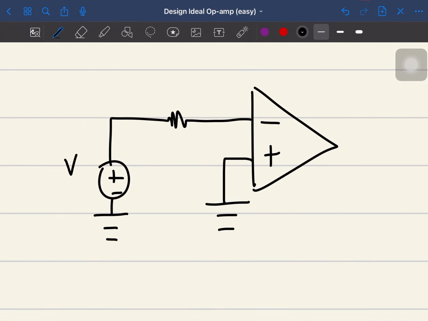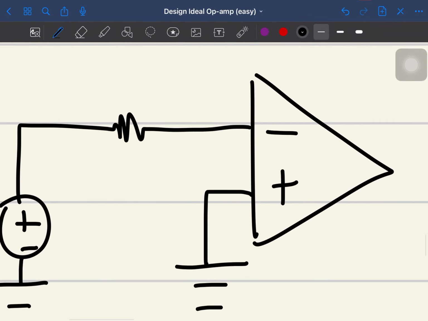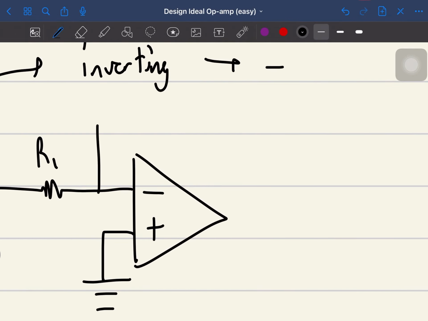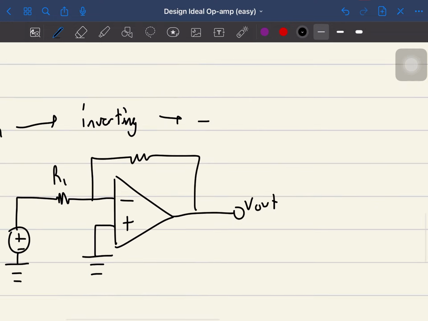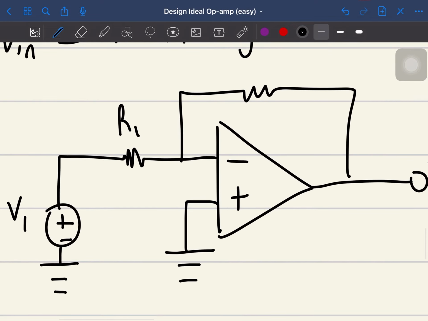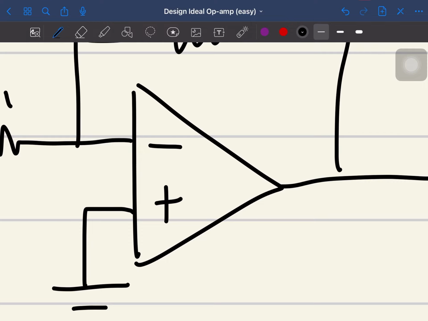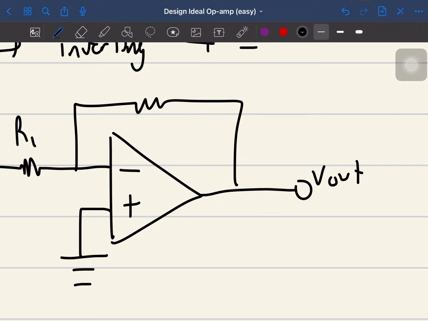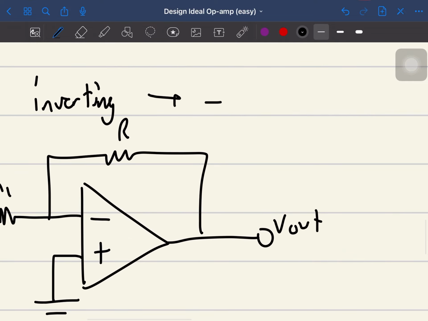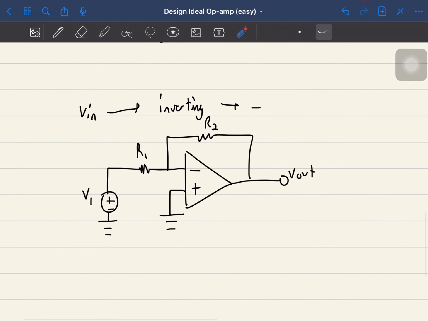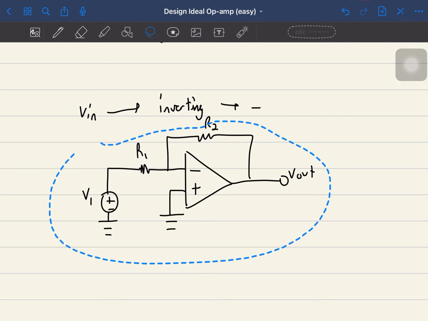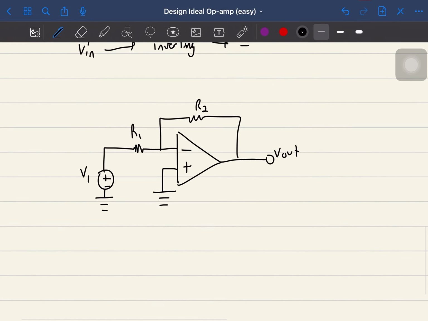We can name this voltage source V1 and this resistor R1 respectively. And we need V out, and we also need a resistor connecting the inverting terminal to V out. We could name this R2. This whole op amp is the generic model for an inverting op amp, an ideal one.